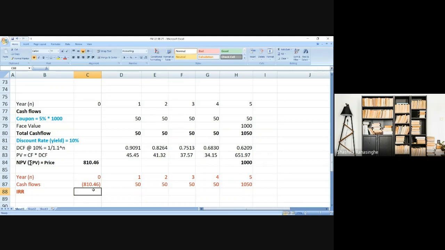What would be the IRR? Any idea, guys? It will be 10%, right? So let's discount the cash flows at 10%.